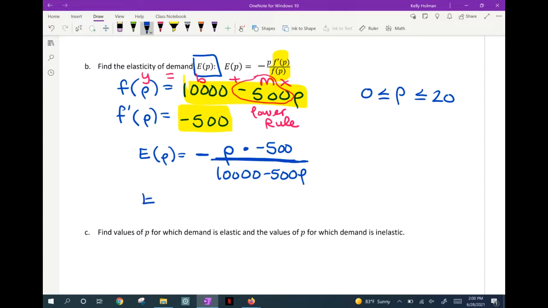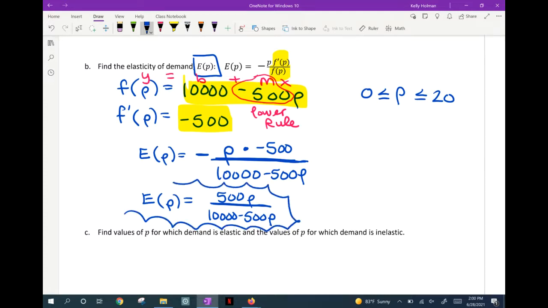Okay, so we can clean that up a little bit. A negative times a negative will be a positive 500p in the numerator, and we keep our denominator. Okay, so you can stop right here and get all of your points.